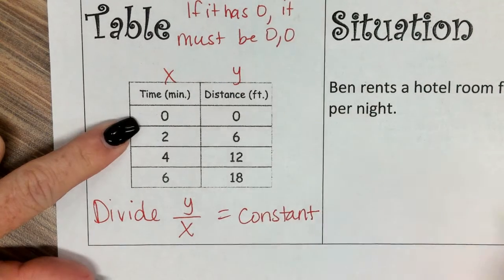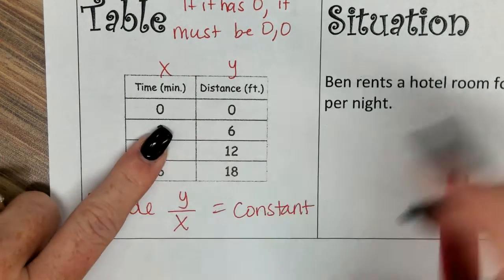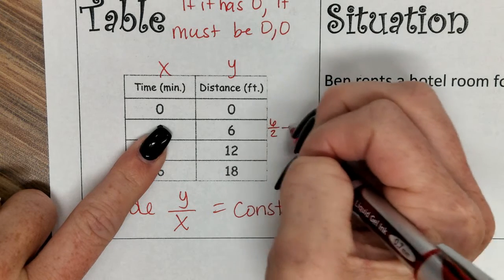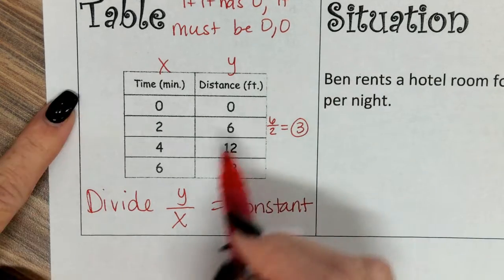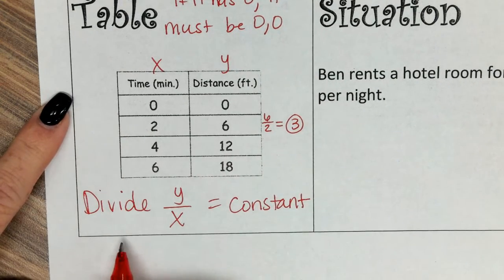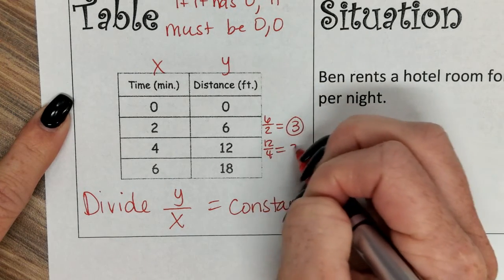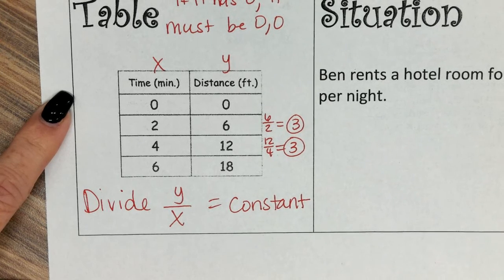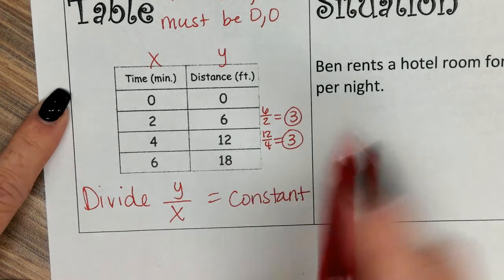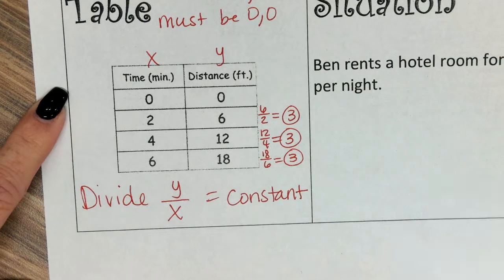These are the what? So everybody look. 6 over 2. What's 6 divided by 2? Put it in your calculator if you don't know it. 3. So if this is a proportional table, then 12 divided by 4 also has to give me 3. And 12 divided by 4 is 3. And 18 divided by 6 is also 3.